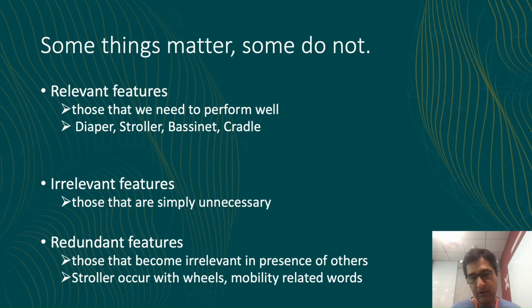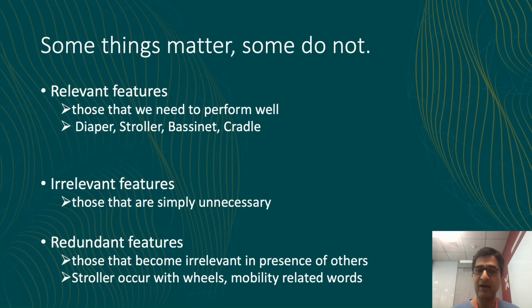Also, in many of these problems, you would notice that some features matter. Let's say in the text data, you want to figure out if this is something that is relevant to babies or not. The relevant features would be like a diaper or a stroller or a bassinet or a cradle, right?